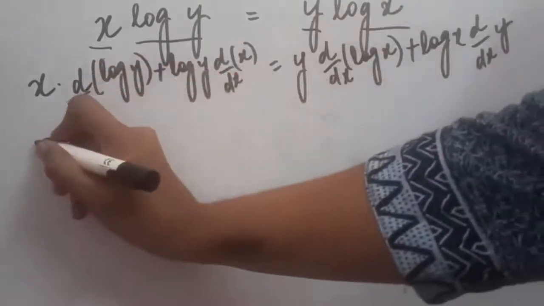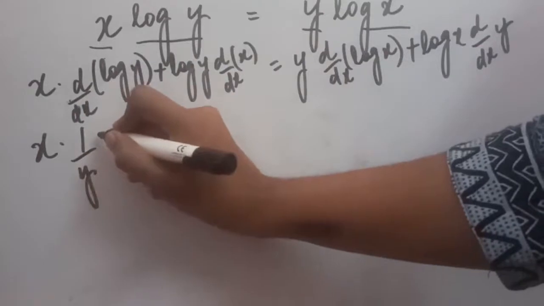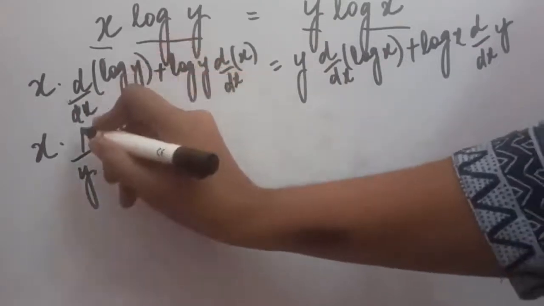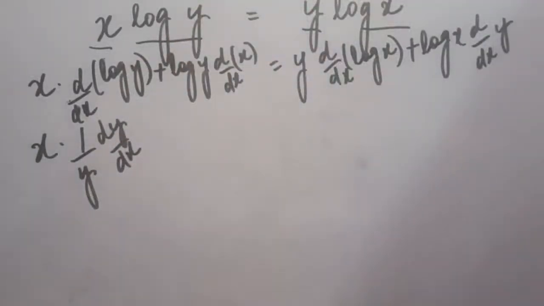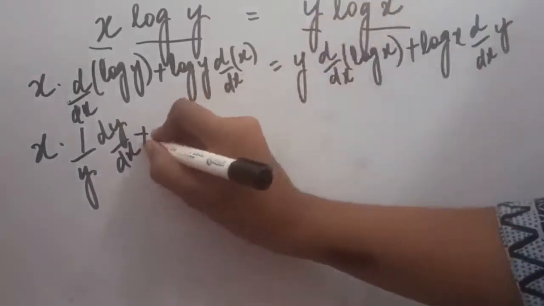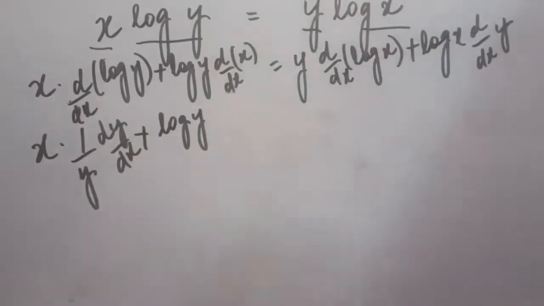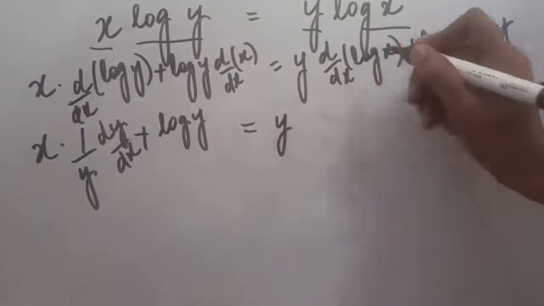Now on this side it is x log y, whose differentiation is 1 upon y with dy upon dx, because log's differentiation has to be taken but y is still left. So it will be 1 upon y dy upon dx plus log y at its place. Differentiation of x is 1, so we need not write it. On the right hand side, y is at its place.